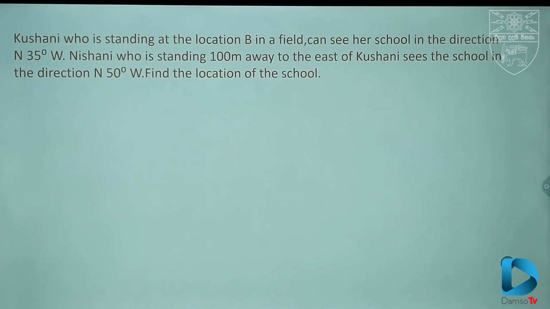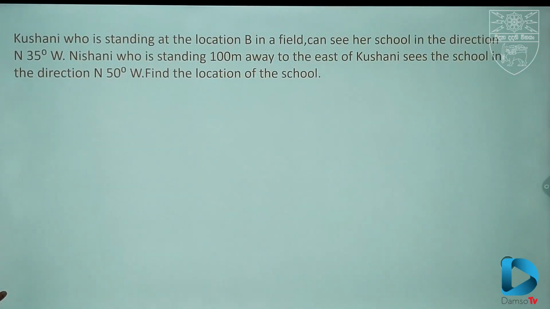Kushani, who is standing at the location B in a field, can see her school in the direction N 35 degrees W. Nishani, who is standing 100 meters away to the east of Kushani, sees the school in the direction N 50 degrees W. Find the location of the school. Now you are given two directions.